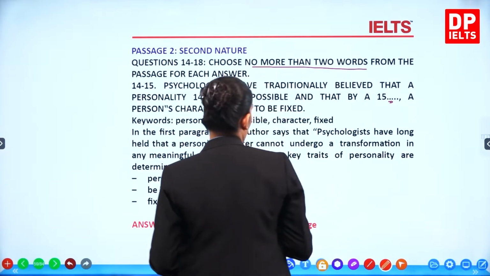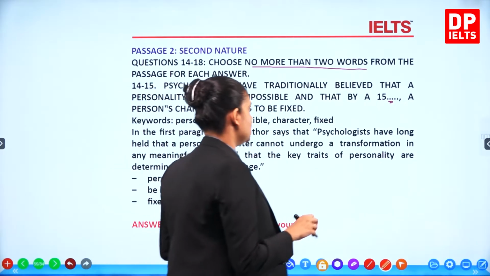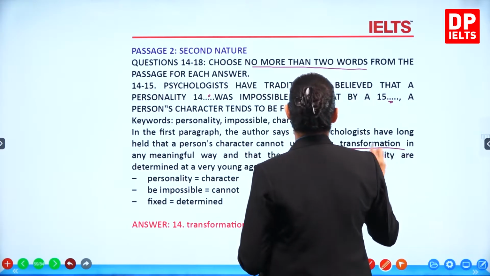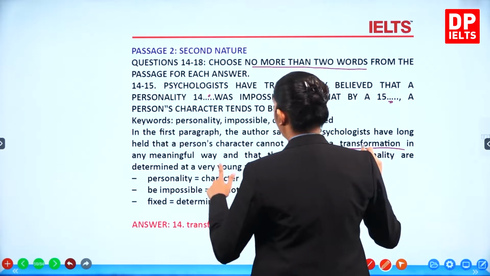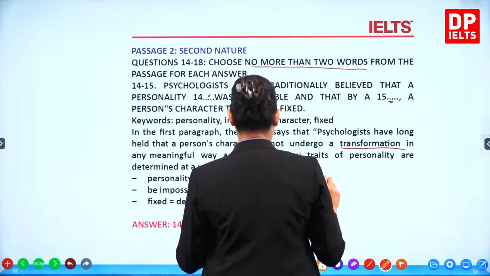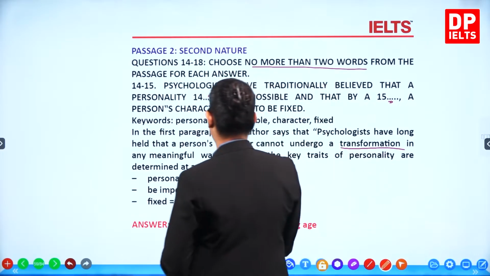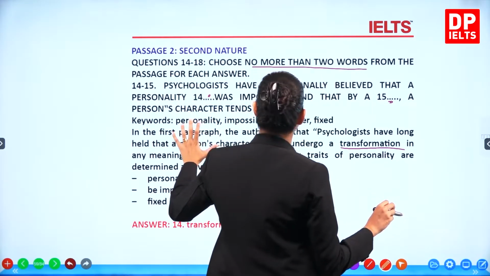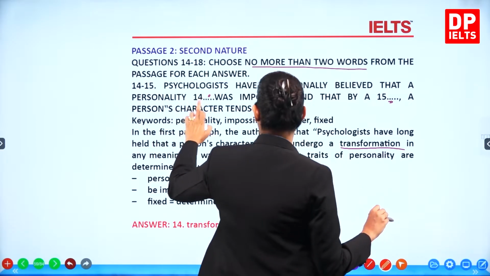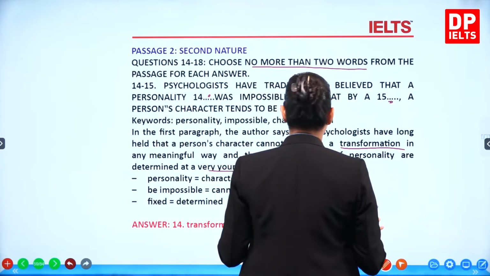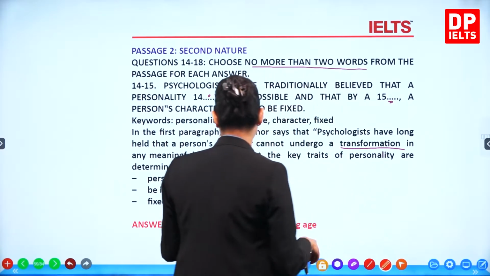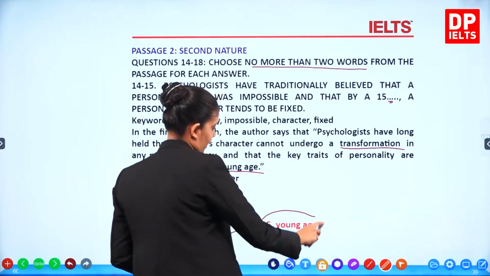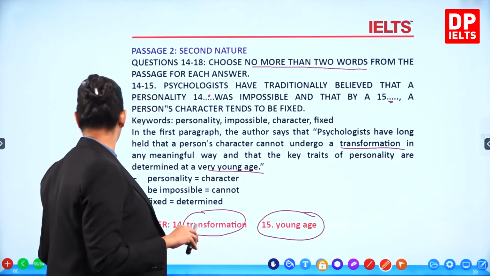So go to the first paragraph where the author says, psychologists have long held that a person's character cannot undergo a transformation in any meaningful way, and that the key traits of personality are determined at a very young age, right? So the answers are transformation and young age. Those should be your 2 words.